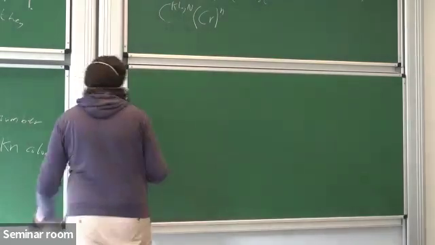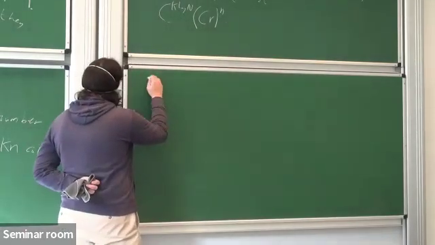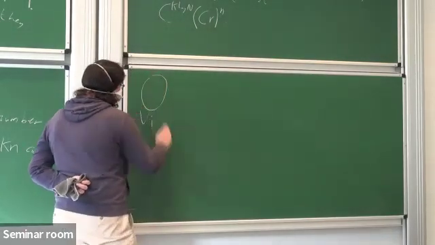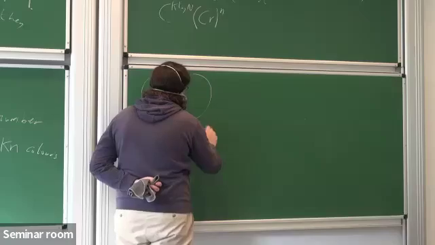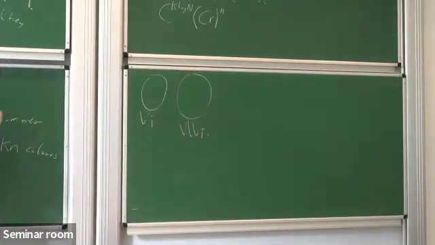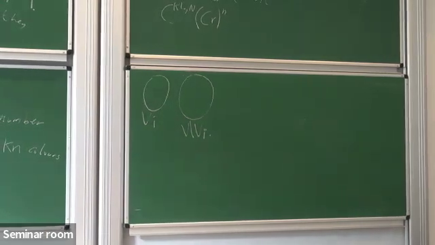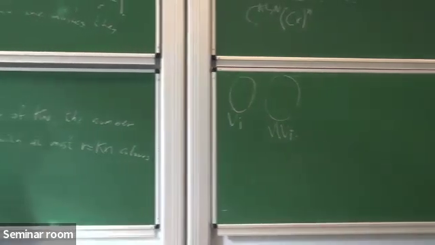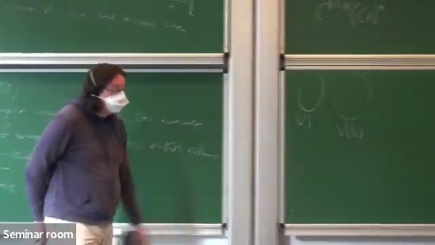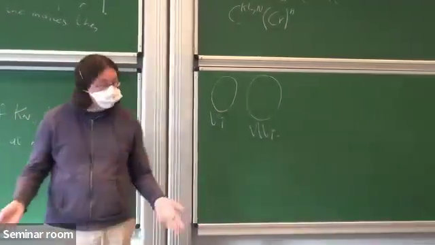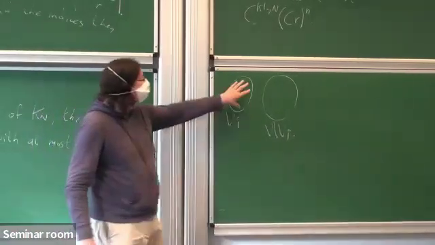So Vi is something here, and then there's some remainder, which is this V less Vi. Okay, so how many edges are there between this Vi and this V less Vi? What we're going to do is basically reveal some colors, and those colors are going to create a connected component.